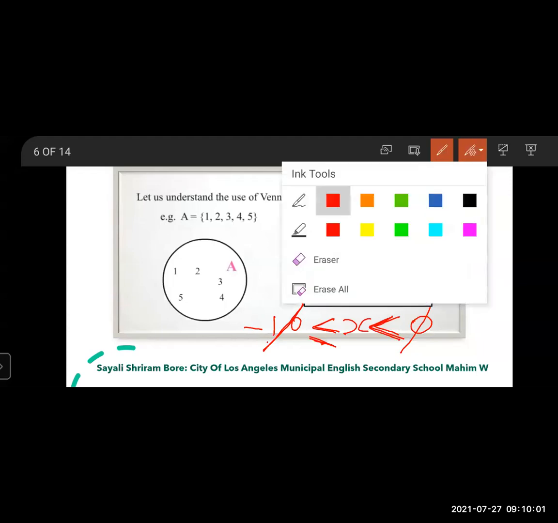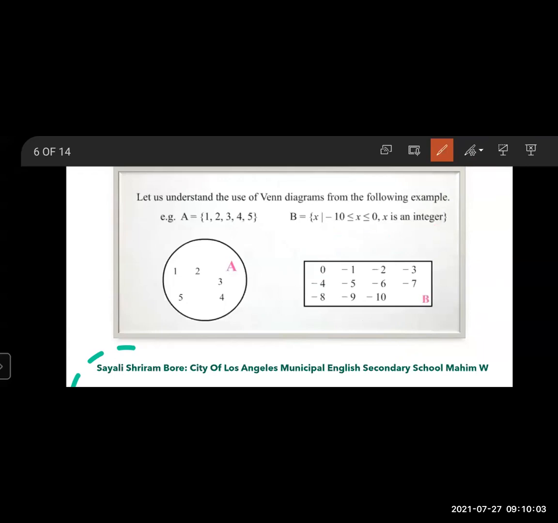When you want to write the set using the Venn diagram, here I have used a square. Here you can see I have written the name of the set, B, below. You can write it anywhere, but write it at the corner using a capital letter. Now I have written 0, minus 1, minus 2, minus 3, minus 4, minus 5, minus 6, minus 7, minus 8, minus 9, and minus 10.